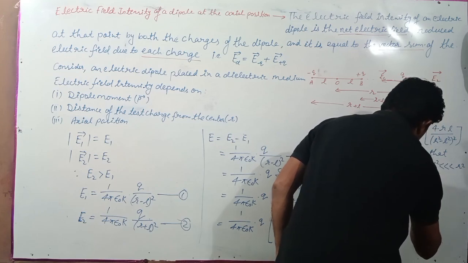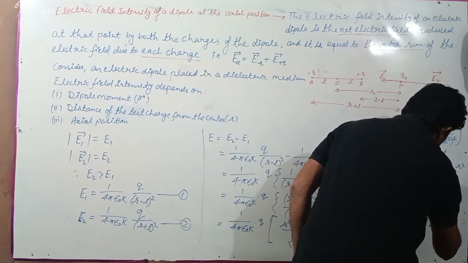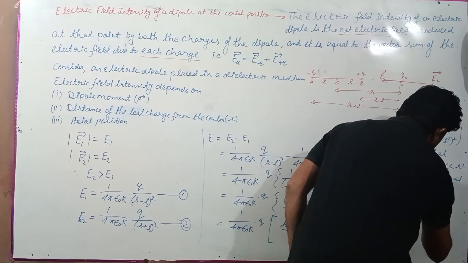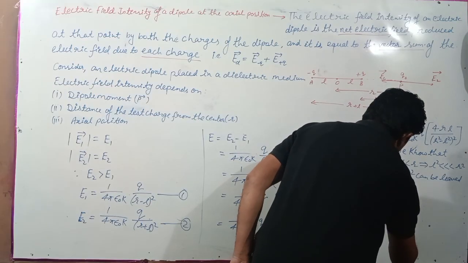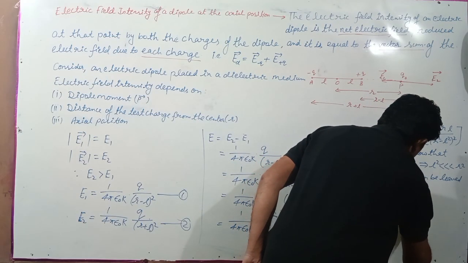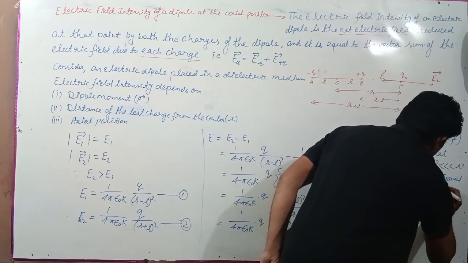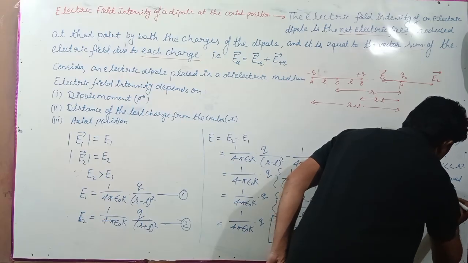So L square can be left out, and hence E is equal to 1 upon 4 pi epsilon naught K Q 4RL upon R to the power 4.